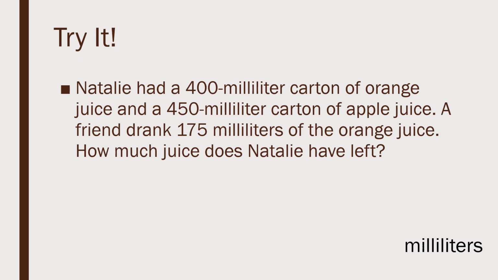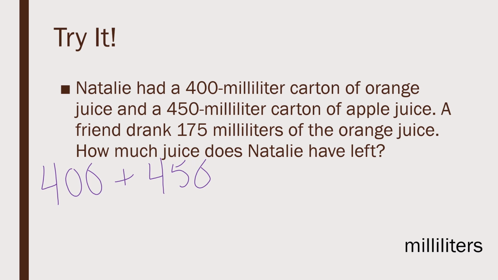So a few weeks ago, we definitely took some time to talk about solving problems that had hidden questions. Here, we're asked to take away 175 milliliters from a total that we don't have. So the very first thing that we need to do is solve for that total. We know we have 400 milliliters of orange juice, and we know we have 450 milliliters of apple juice.